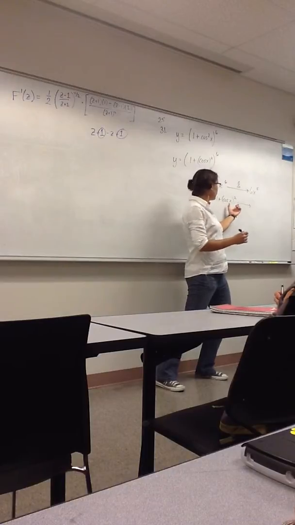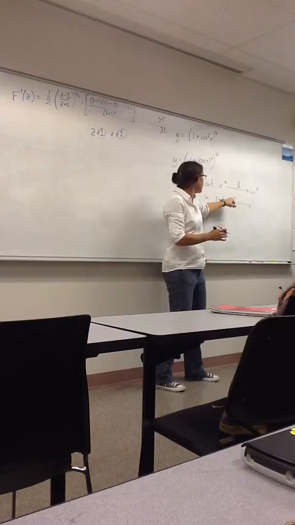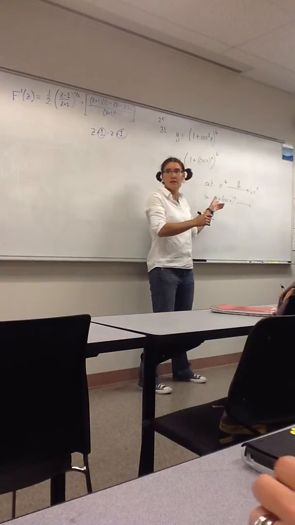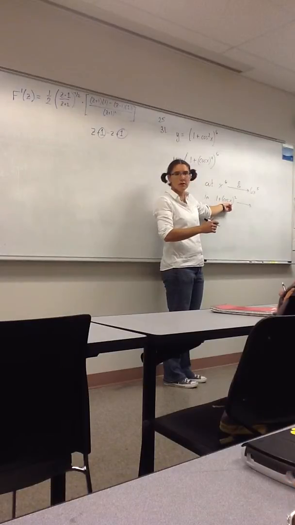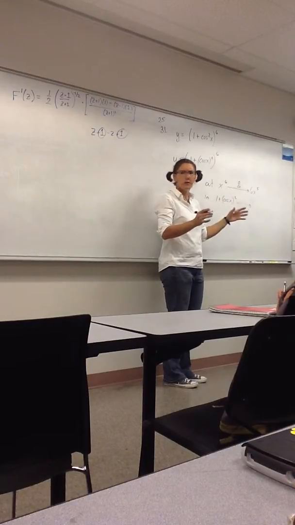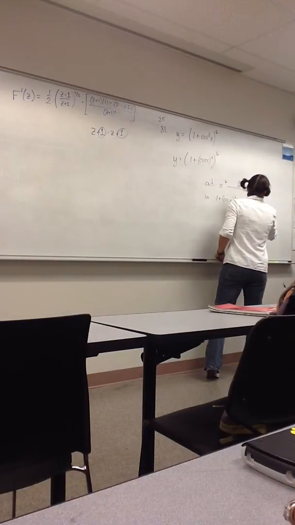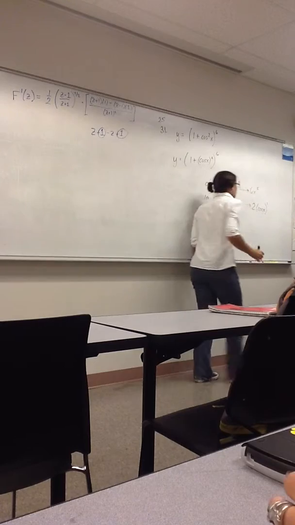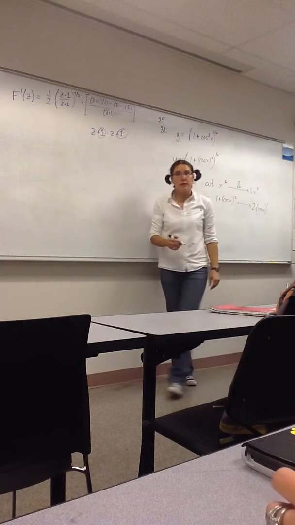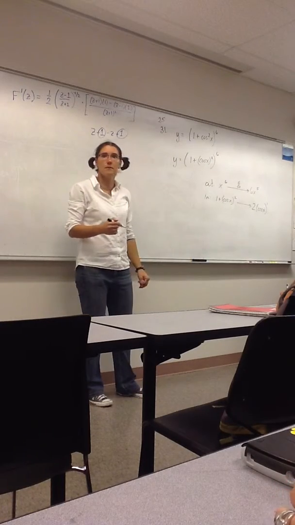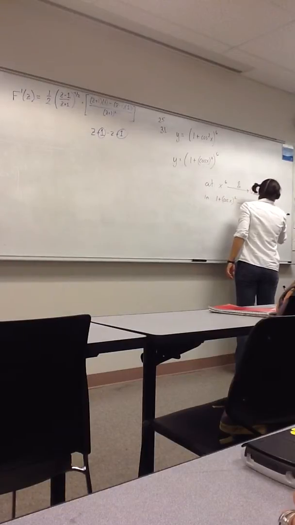All right, now, this guy right here is kind of a small chain rule, so I'm going to do this chain rule without writing out the outside and the inside portions. So when I take my derivative of cosine of x squared, my outside function is x squared. So my derivative of my outside, keeping the inside the same, looks like 2 times cosine of x raised to the 1st, times the derivative of the inside.